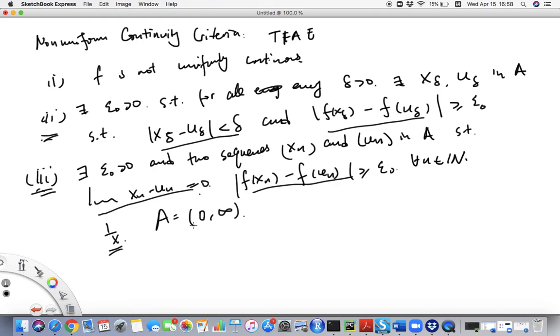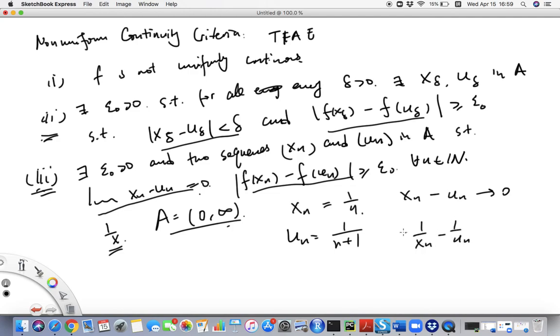So let's consider this function on this interval. We can consider the sequence x_n equal to 1 over n, and u_n equal to 1 over n plus 1. Then it's clear that x_n minus u_n goes to 0, but 1 over x_n minus 1 over u_n is always equal to 1, right? So their difference does not go to 0.